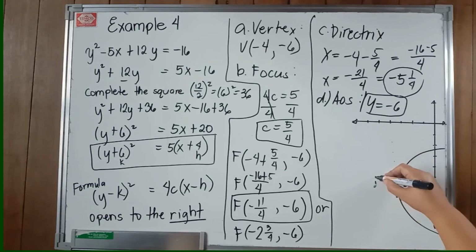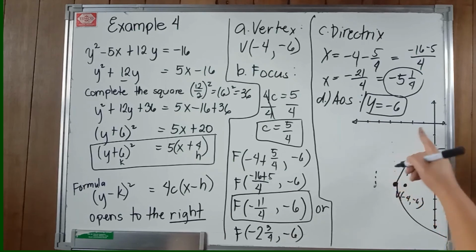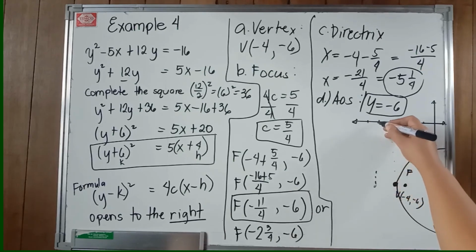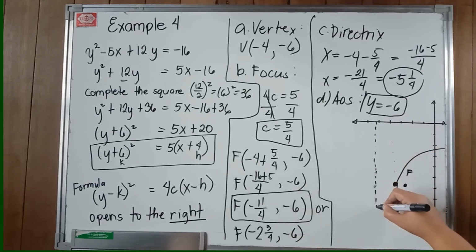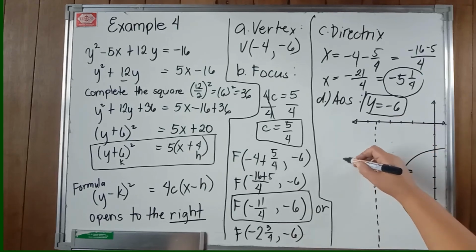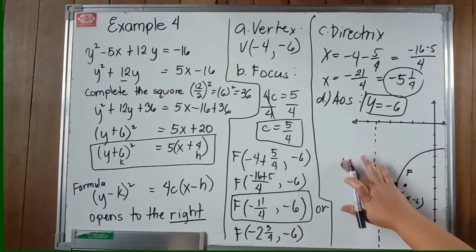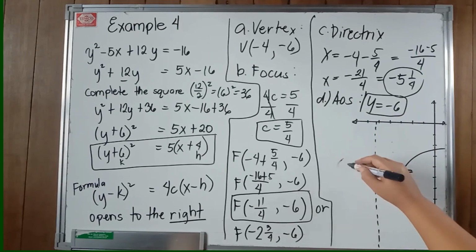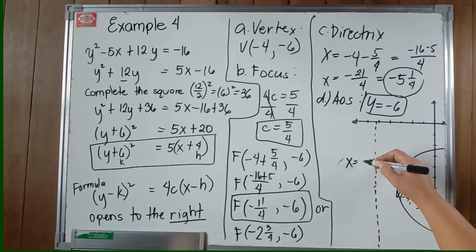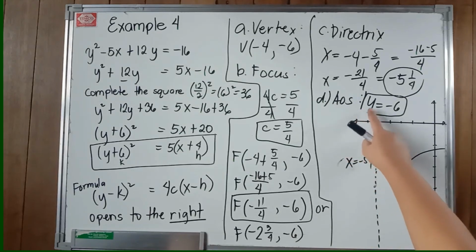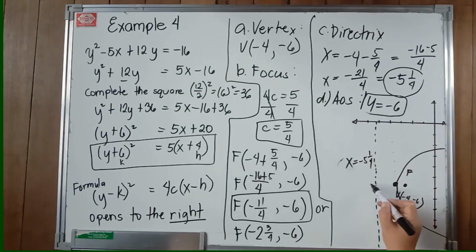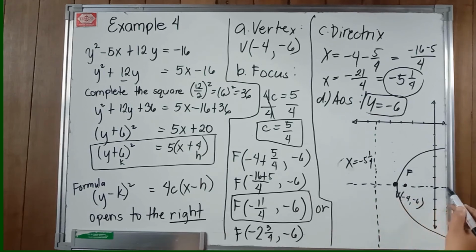So that is a line, that is not a point. That is x is equal to negative 5 and 1/4. And for our axis of symmetry, we have y is equal to negative 6.